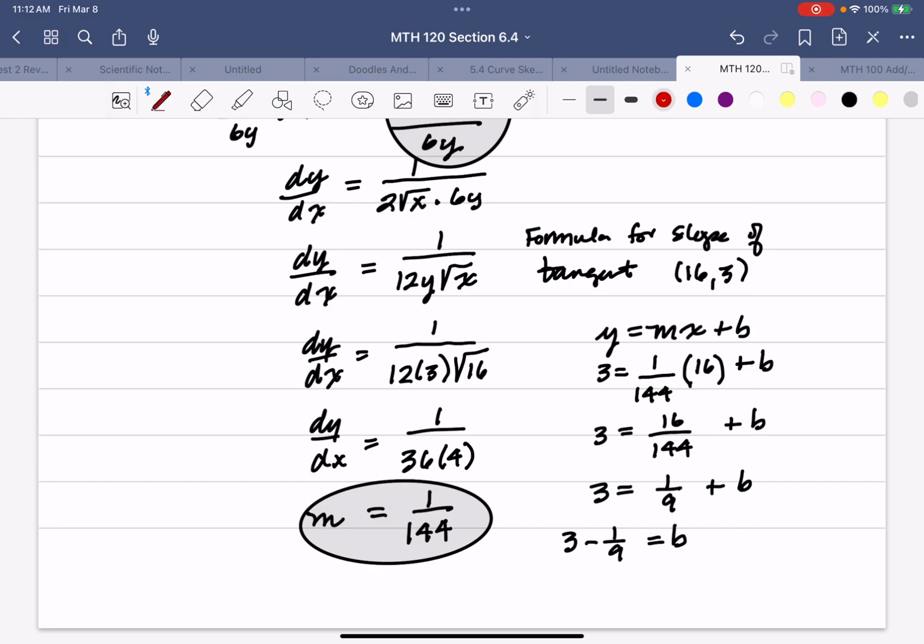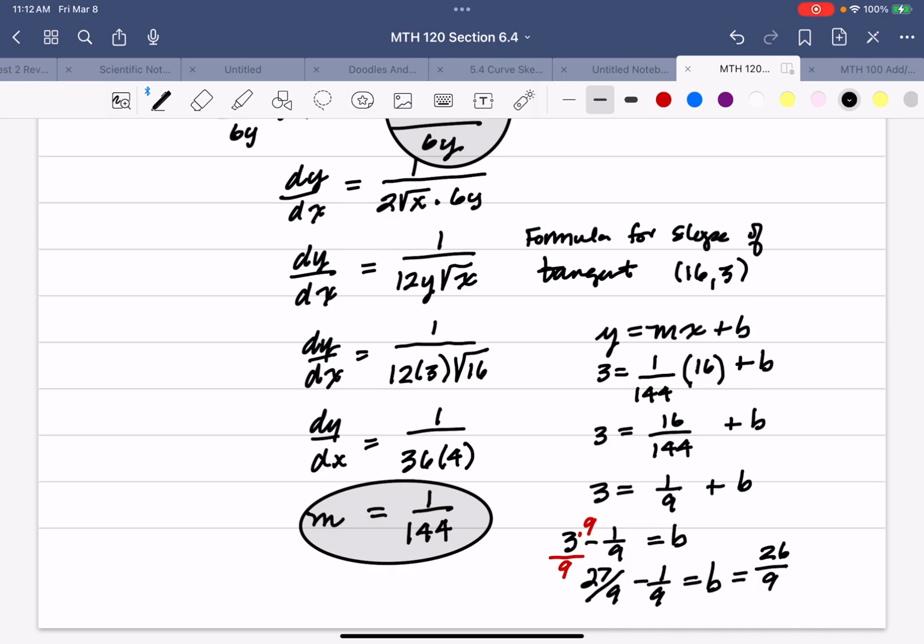I need a denominator of 9, so I need to multiply the first fraction top and bottom by 9. So that becomes 27 over 9 minus 1 over 9 for my b value, which is 26 over 9. So the final answer for the slope of the tangent is 1 over 144.